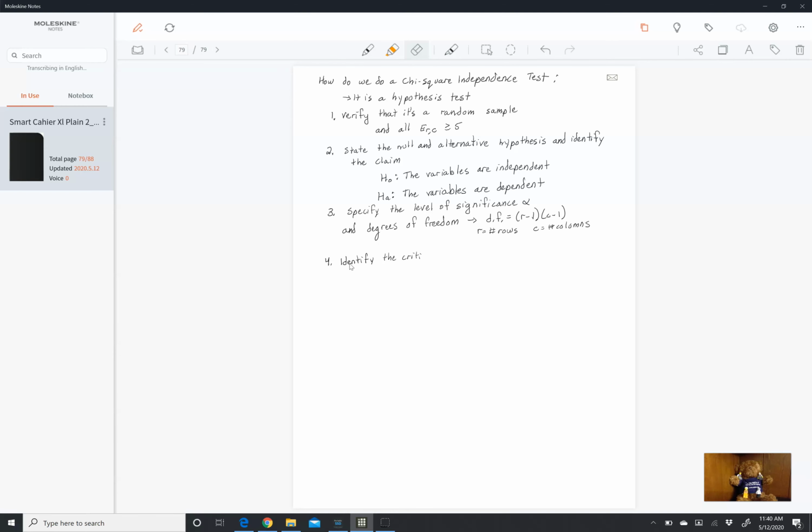This is a chi-square independence test, so our critical value is a chi-square, and we're using the chi-square distribution chart.